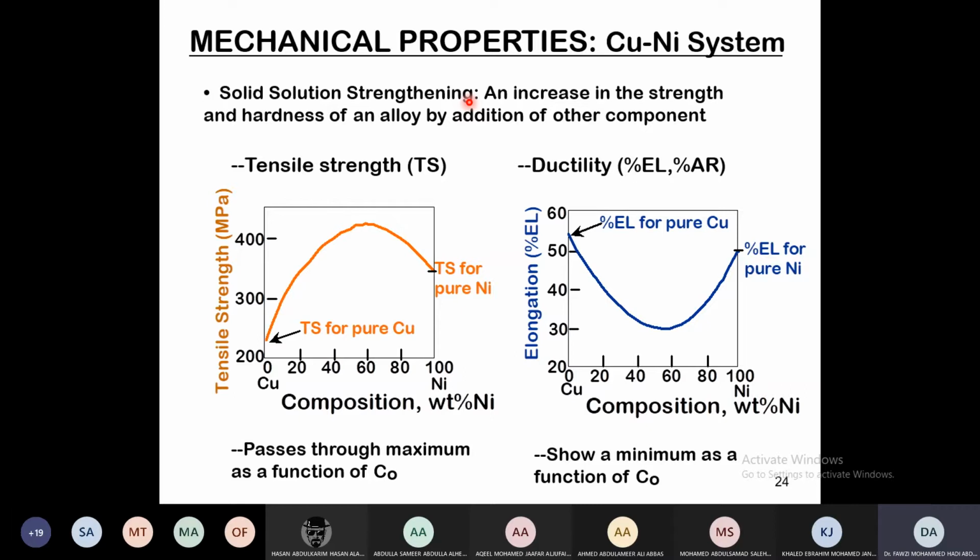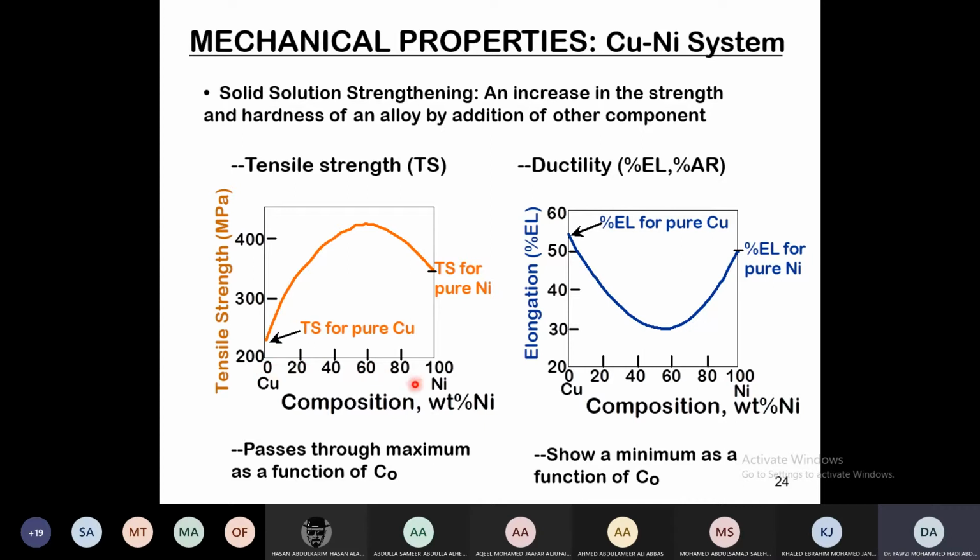This develops a solid solution, and using that is called solid solution strengthening. Now you can notice that with the addition of the nickel, what is happening? This relationship shows the tensile strength in megapascals versus the addition of the nickel, the change in the composition.